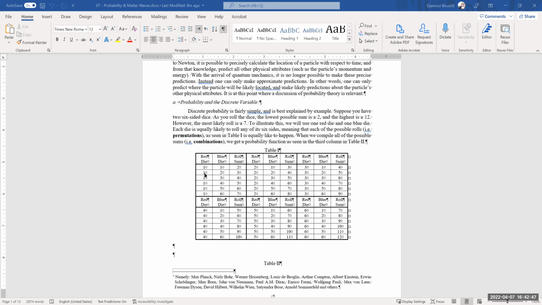Or the first one could be 1 and the second one could be 2. In this case, the sum is 3, since 1 plus 2 is 3. All of these are the potential possibilities for the first one, and at the same time the potential possibilities for the second one. If the first one is 1, the second could be 1, 2, 3, all the way to 6. So the sums are going to be from 2 to 7.